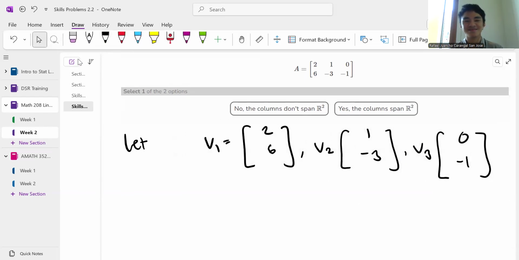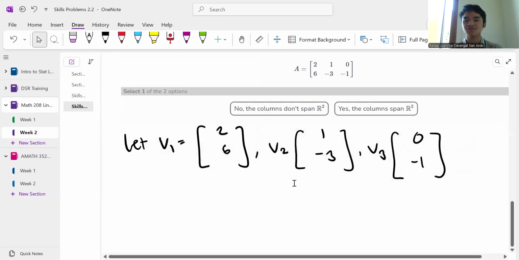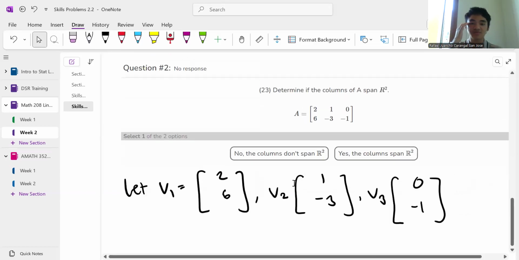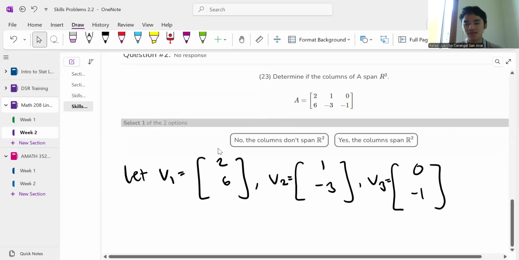Let this be this. So these are vectors, column vectors to be specific. Oh, I didn't put the equals. That's funny. Right, so these are vectors, and we're going to see if they span R2, right?